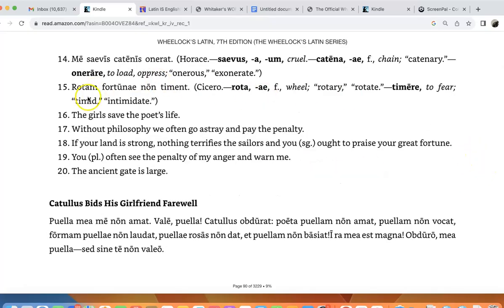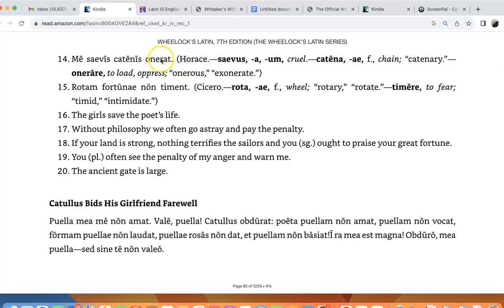We'll just do a couple more here. Onerat, something is onerous. It bears a burden on oneself. So what do we got here? He oppresses me. This one's a little bit trickier. Catena means chain, and saevis, cruel. So he oppresses me with cruel chains.